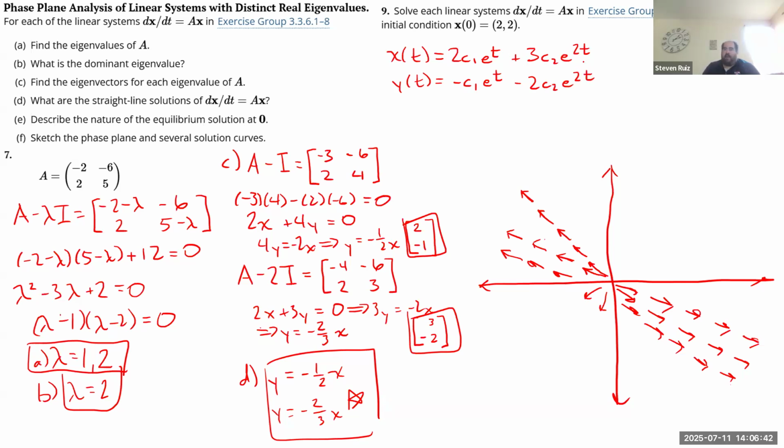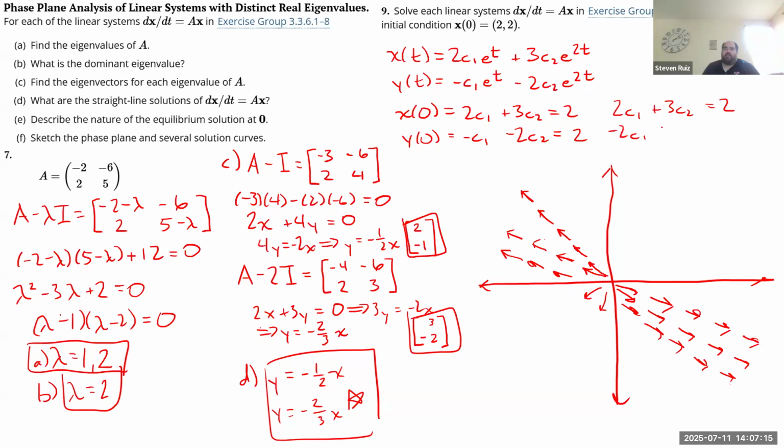Okay, now we have the same initial value, so let's go ahead and find our constants. x of 0 equals 2c1 plus 3c2 equals 2. y of 0 equals negative c1 minus 2c2, and that equals 2 as well. I'm going to go ahead and double the bottom equation this time. So 2c1 plus 3c2 equals 2.